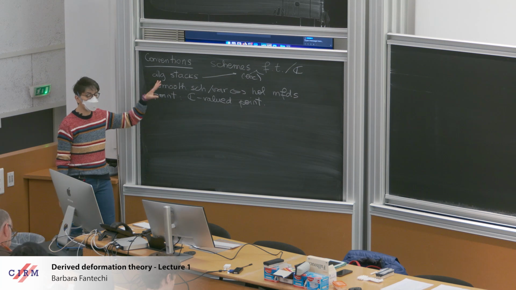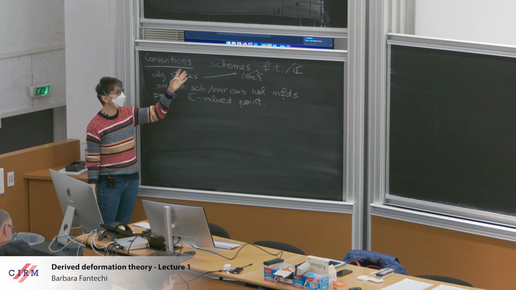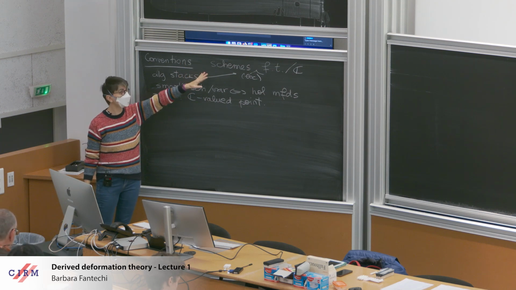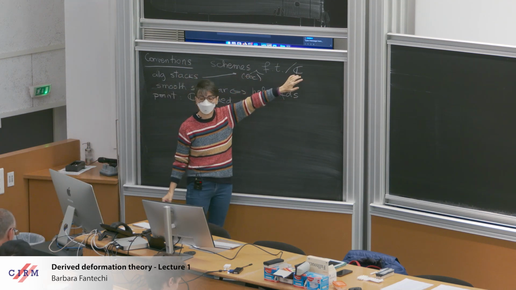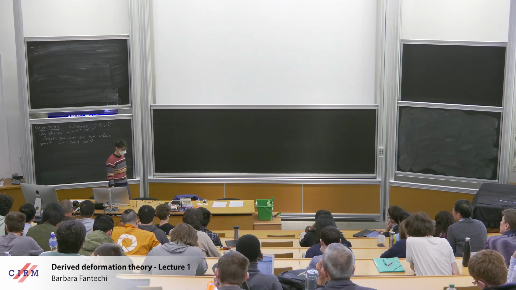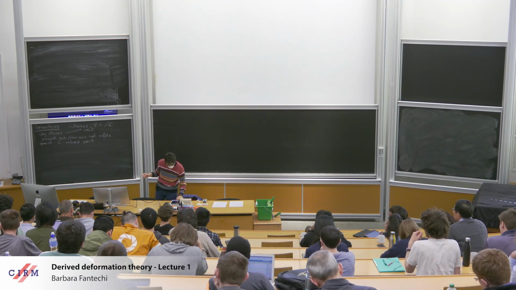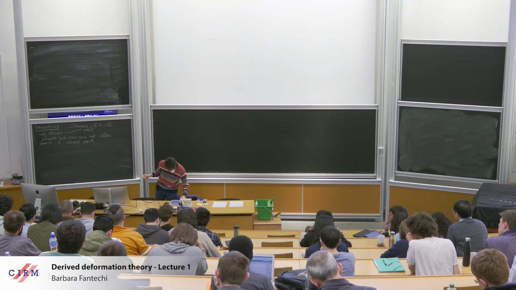This is not necessary, it's just for the purpose of this lecture. A lot of this works, if you are in algebraic geometry, over Spec Z or anything else. It's just easier for me to stay over the complex numbers.